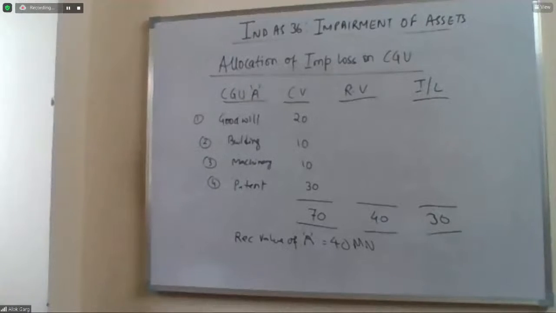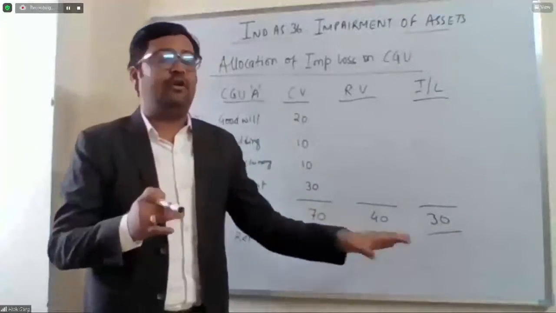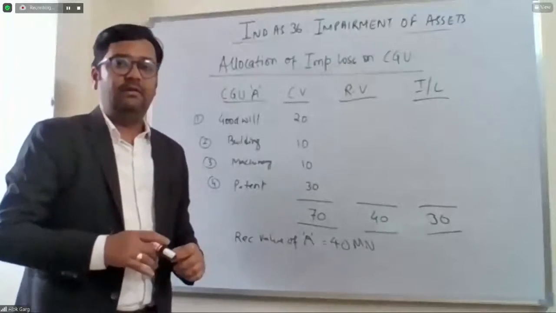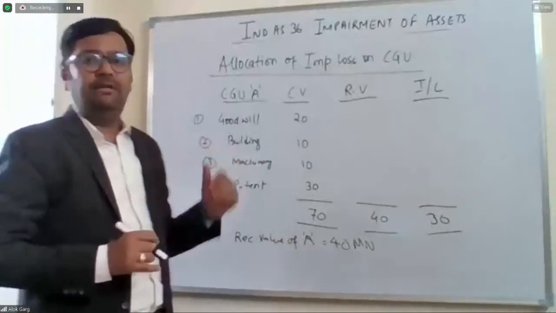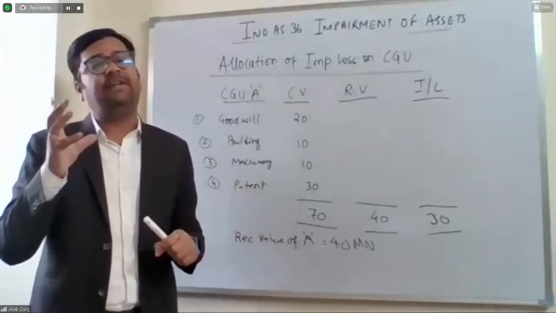So Ambika is saying, sir, please allocate based on the carrying value. Okay. So let me tell you, Ind AS 36 says that, guys, if there is an impairment loss on the group of assets, in that case, what is goodwill? Technically, goodwill is a fictitious asset.